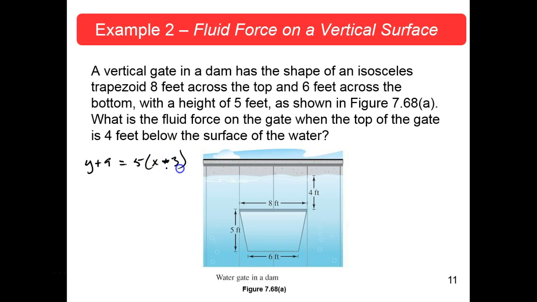So that'd be y is equal to 5x minus 15, and then subtract 9 from it, and you get 5x minus 24. That's what we get. So that's your y value.